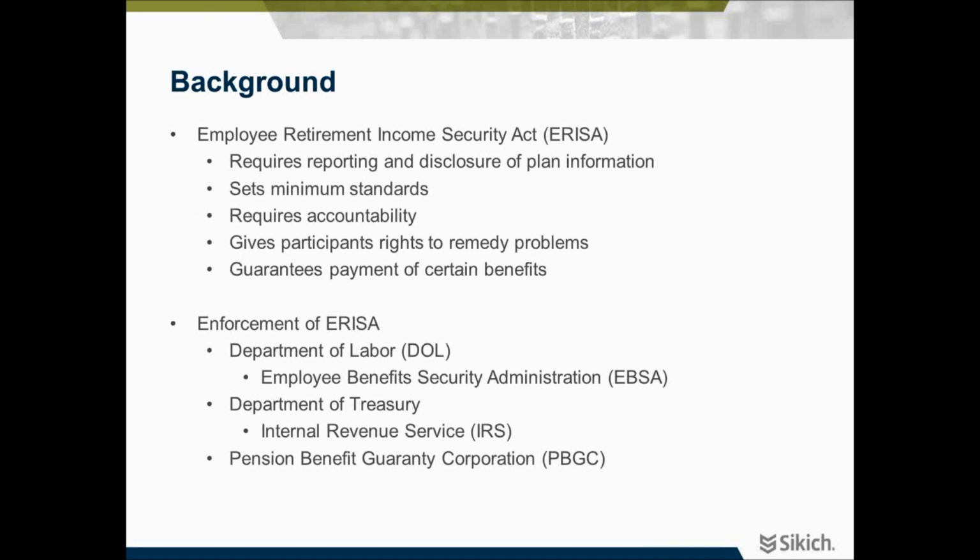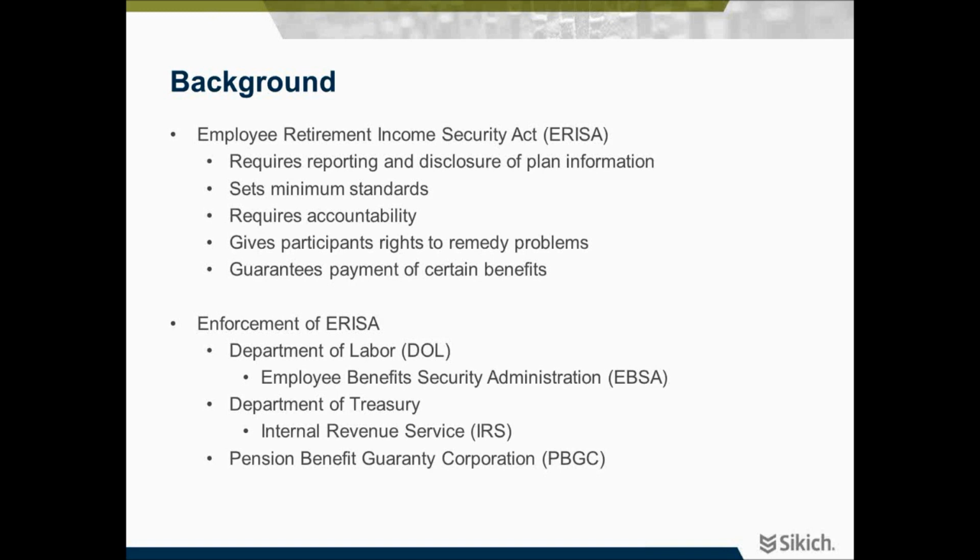Just a little bit of background, very quickly. ERISA is a federal law that protects the participants' rights under an employer plan. It covers both retirement plans and welfare plans. It also requires reporting and disclosure of plan features, so that's why we have Form 5500. It sets minimum standards for participation, vesting, accrual, and funding.